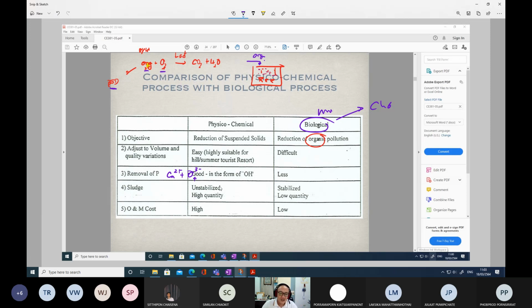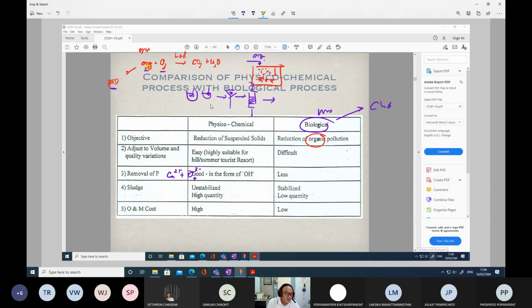The sludge production. In the physical chemical process, we apply rapid and slow mixing, and then let it settle in the sedimentation tank. And then we also have filters. So why is this sludge produced?